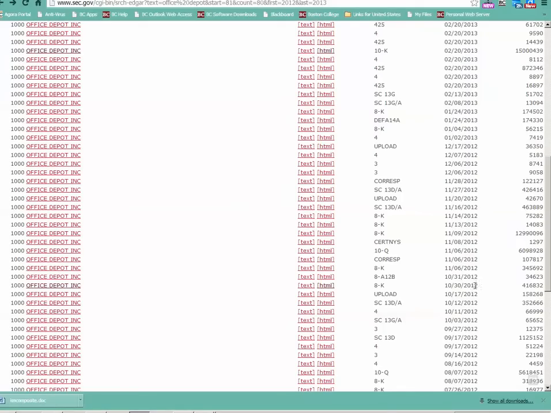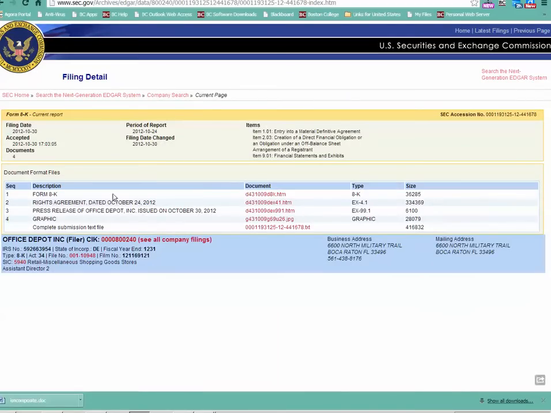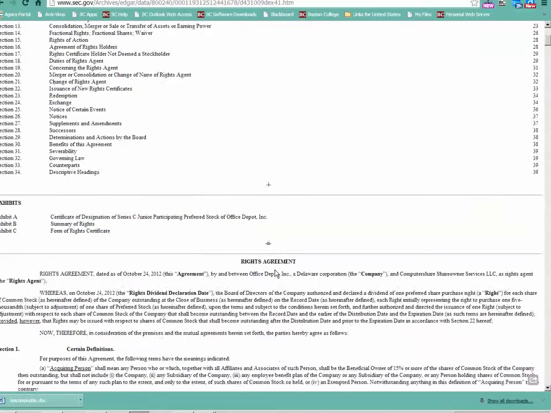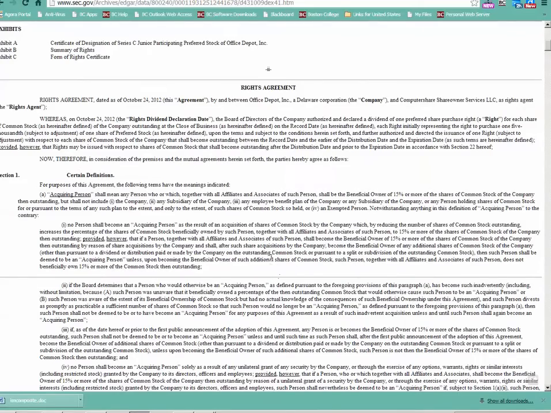So here's the 8K from October 30th. And here's the rights agreement. And you'll be able to look at this for your client. So lots of times when we're doing due diligence, we're going to be asking the target company for all of these types of documents anyway.